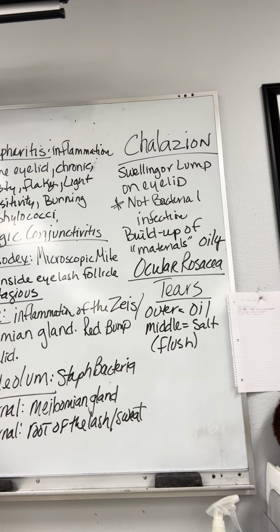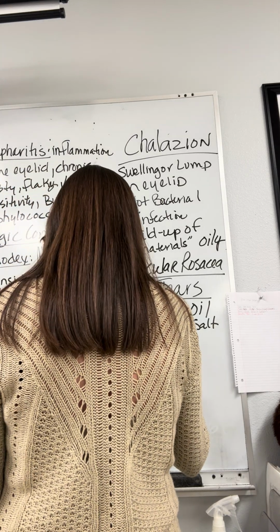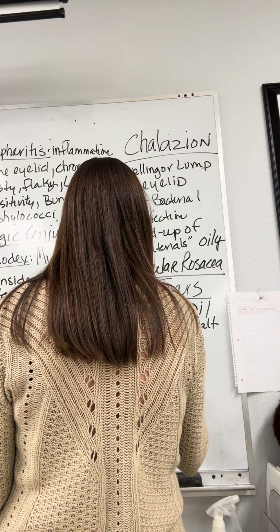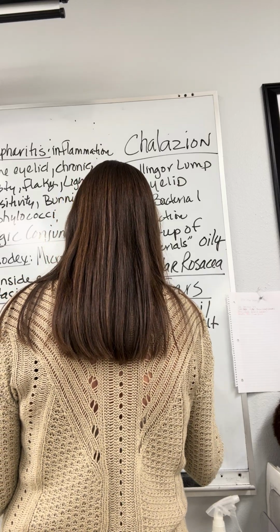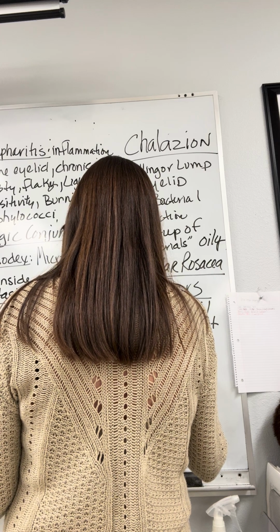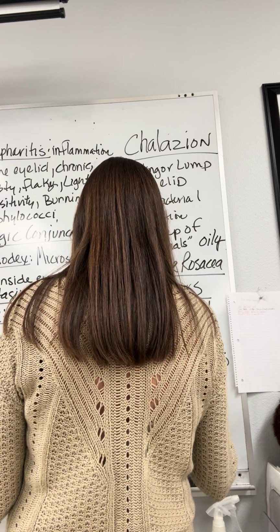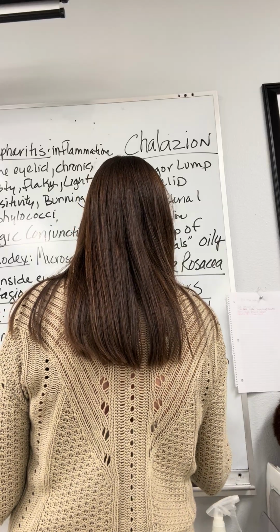And then the inner layer is that mucus layer, right? Conjunctiva of the eye. So we actually have a layer of our tear that is mucousy. So our inner layer is a mucus inner layer, and it contains protein.